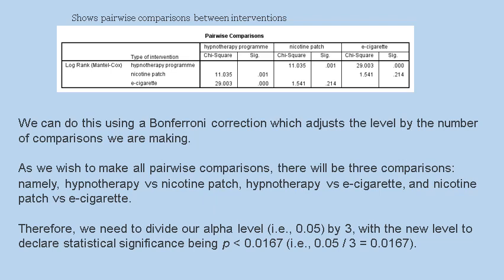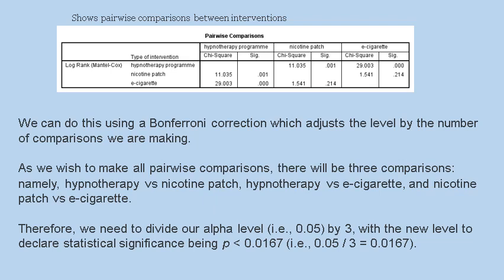Okay, what can we do in this case? We can do this using Bonferroni correction, which adjusts the alpha level by the number of comparisons we are making. All of us know our level of statistical significance was p-value less than 0.05, right?